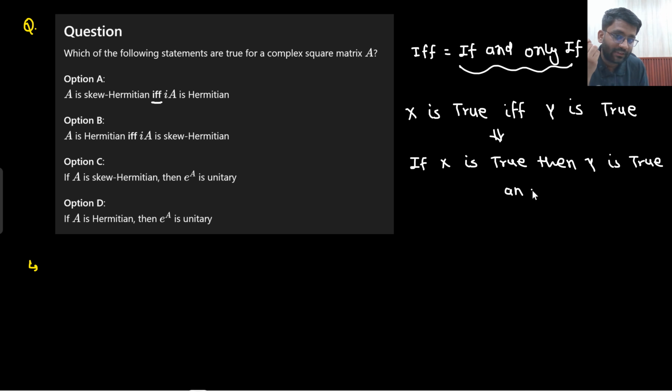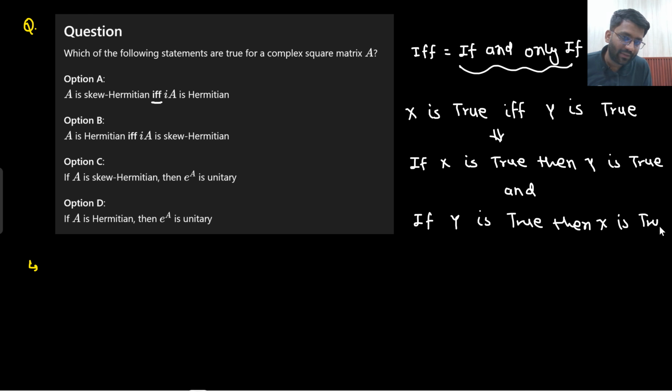And what is the meaning of and? And means both of the conditions should be satisfied. Not one condition, both conditions should be satisfied. If Y is true, then X is true. This is the meaning of if and only if. Simple meaning of if and only if, that statement should go on both of the directions. In both of the directions, the statement should be true.